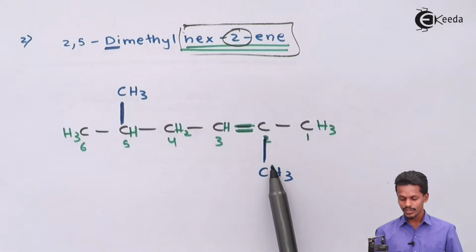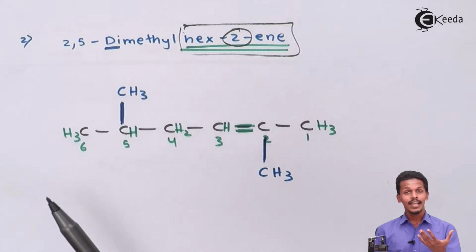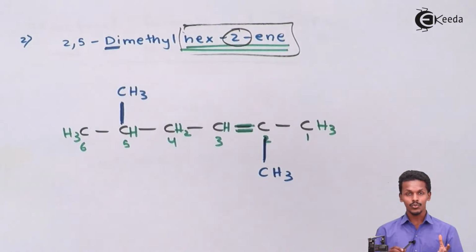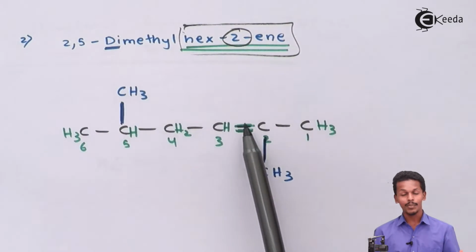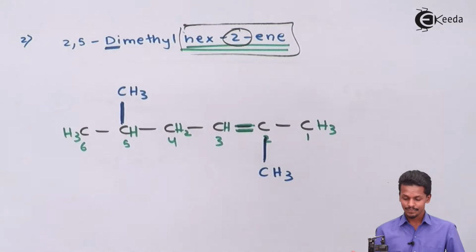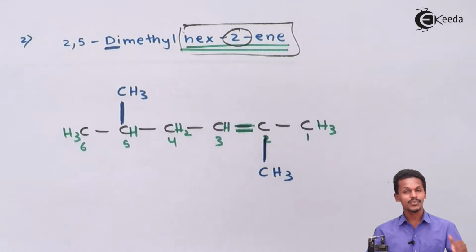So this is what I have mentioned, CH3 and CH3 over here. And moreover, importantly, between the second carbon atom and the third carbon atom, a double bond is present. So now this is how we have looked at a hydrocarbon consisting of 6 carbons, which is nothing but an unsaturated alkene.